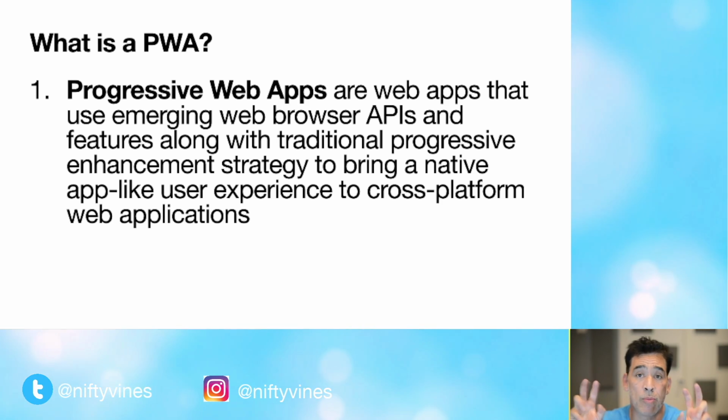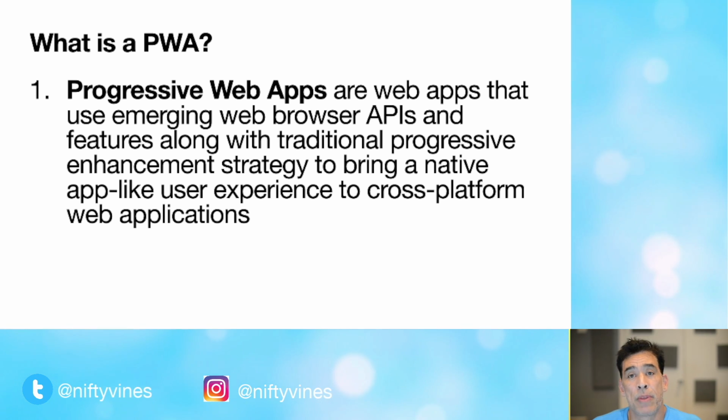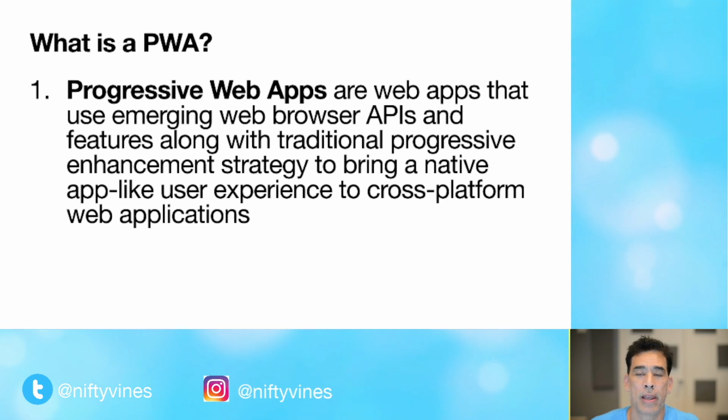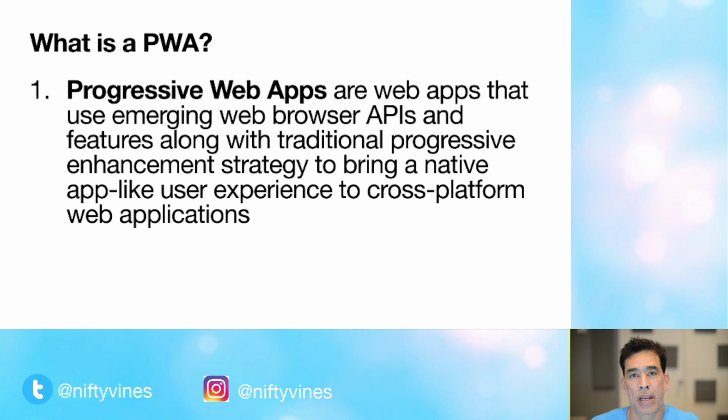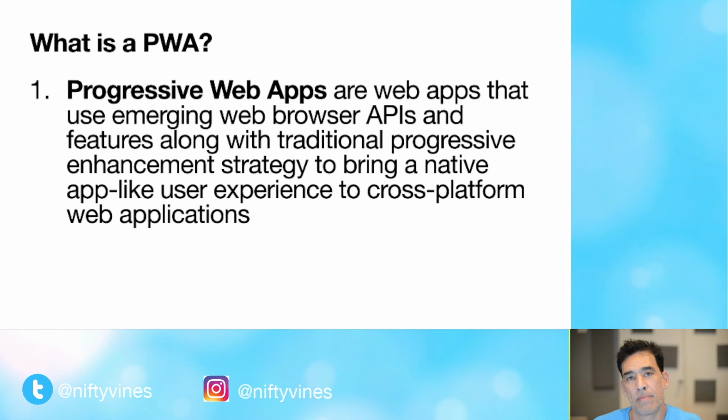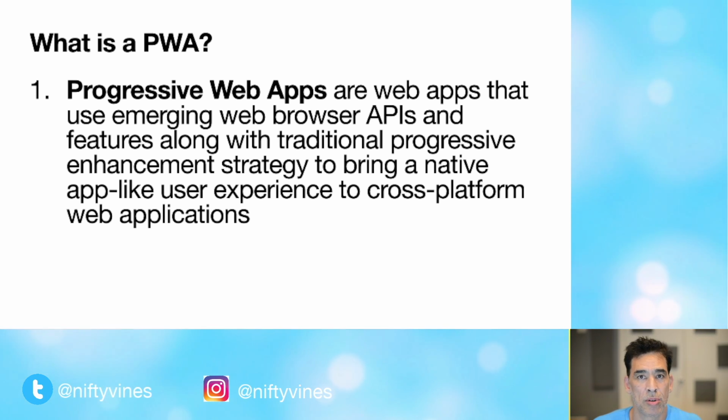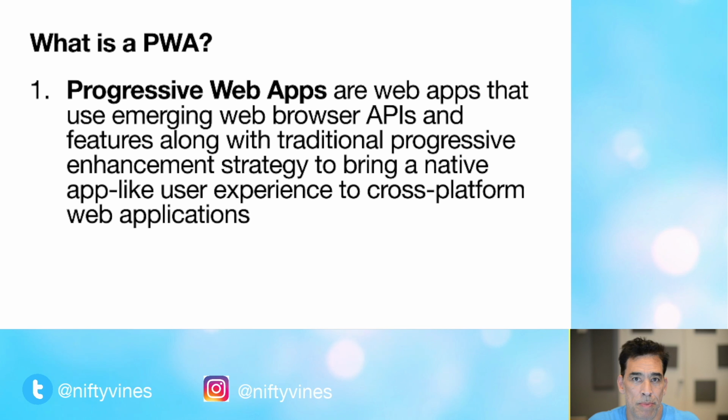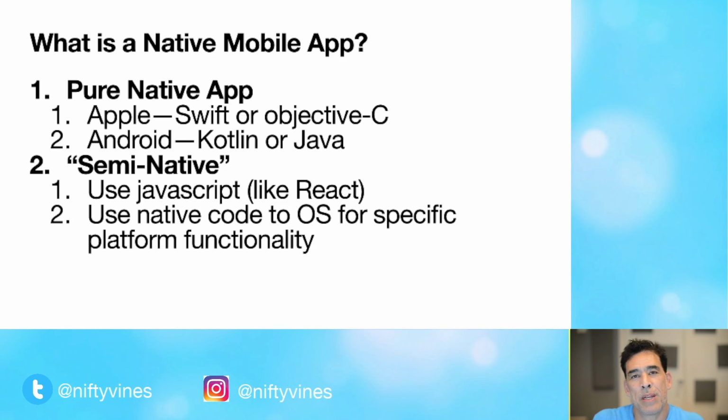PWA stands for Progressive Web App. Like I said, the basic gist is you're using web technologies that are in browsers, and you're accessing that technology through APIs on your app. And the cool thing, I think, is that it's going to work very well both as a regular web app and then also the mobile app, which is basically the web app, but it looks mobile. So that's PWA.